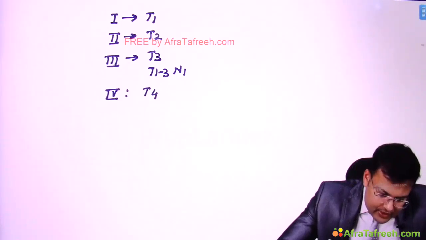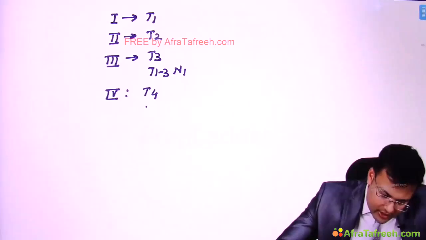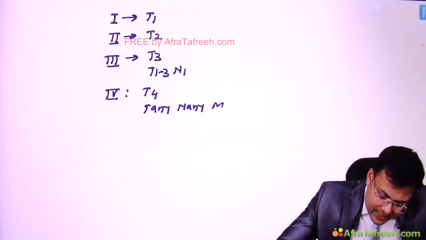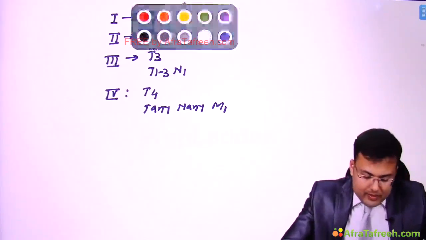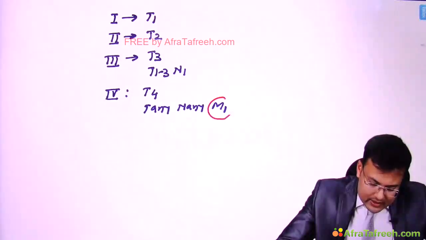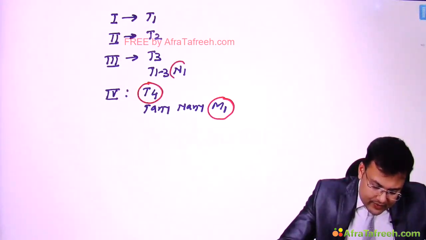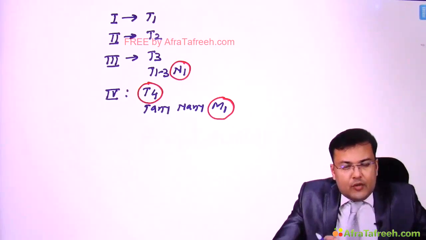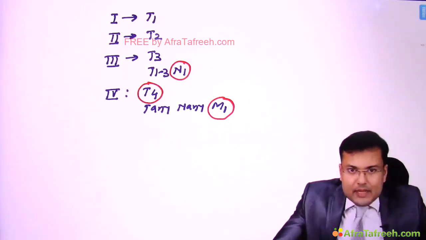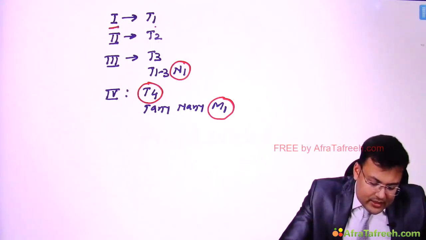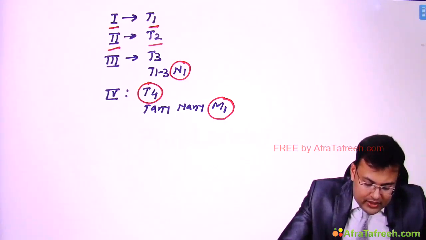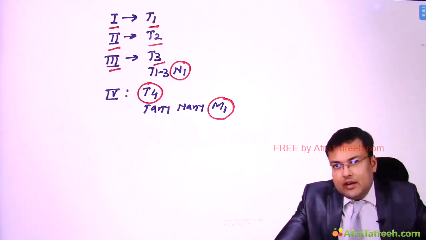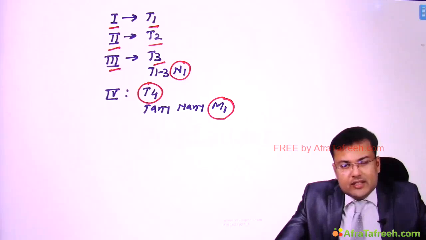It's T4, or any T, any N, M1. So how to remember? Just encircle these stages. These are characteristic features. So whenever it's M1 or T4, it is stage 4. When first lymph node comes, it becomes stage 3. And here stage 1 is T1, stage 2 is T2, and stage 3 is T3, or T1 to T3 N1. So this is the staging.